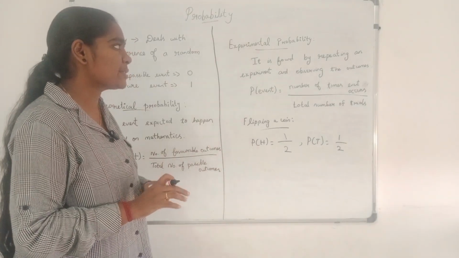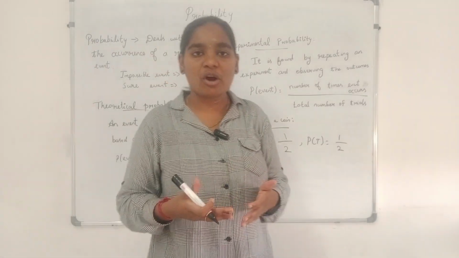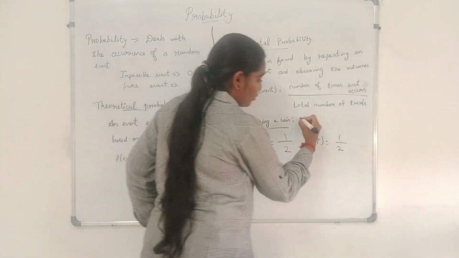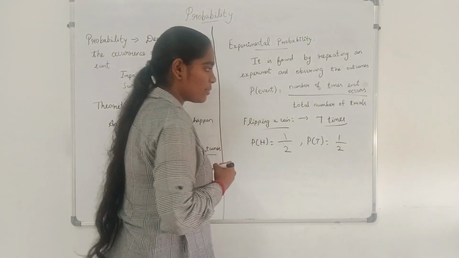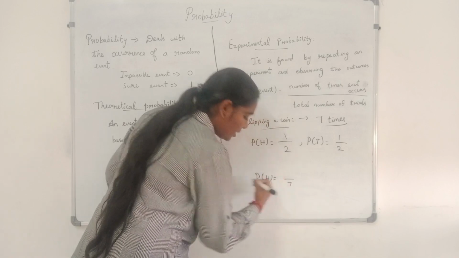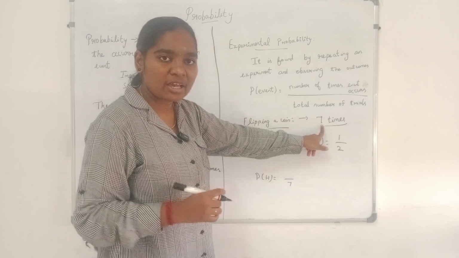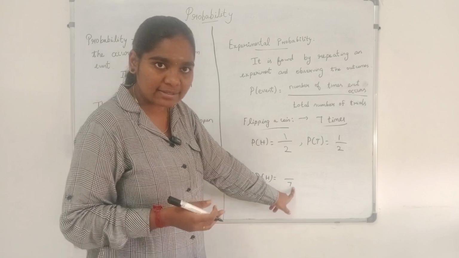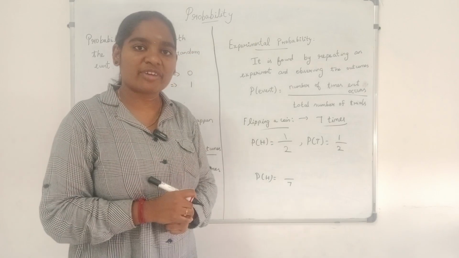Whereas in experimental probability, we will flip the coin multiple times. For example, we have flipped the coin 7 times. So here the total number of trials is 7. I have to find the probability of getting a head. While flipping the coin 7 times, 4 times we got head.